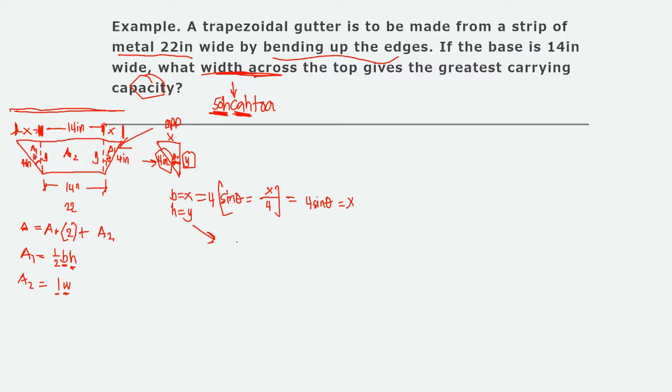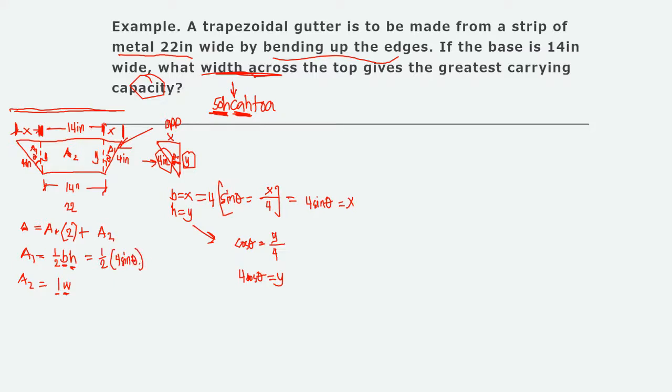So cosine theta is equivalent to adjacent, which is y, over hypotenuse, which is 4. That means 4 cos theta is equivalent to y. So the value of our y is 4 cos theta. From here, we can substitute. The base is x, which is 4 sine theta.